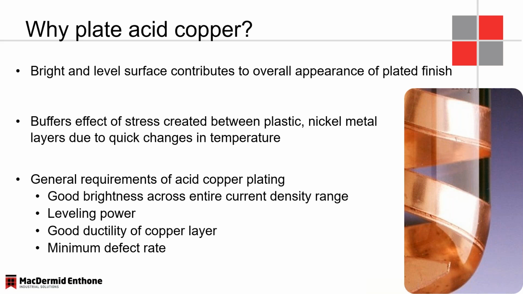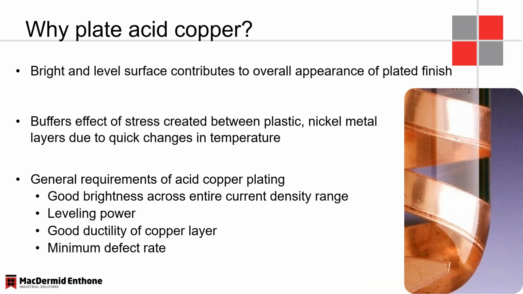Another important attribute of the acid copper layer is that it's really a buffer for stress. So I have a plastic substrate, I have a lot of copper, and then I have nickel metal layers. If I don't have that copper in between my substrate and my nickels, if I have some quick changes in temperature, I could have some stress issues, some cracking.